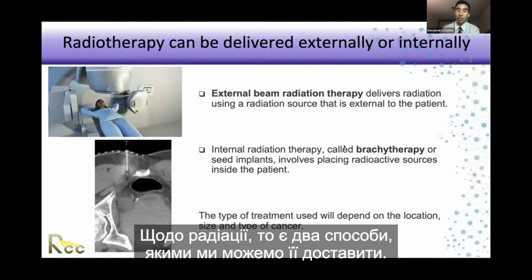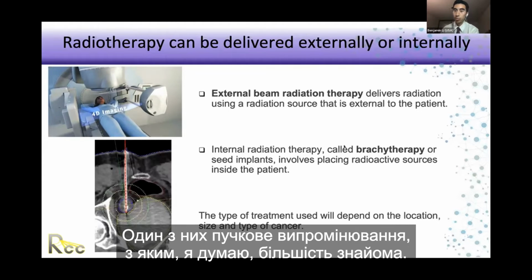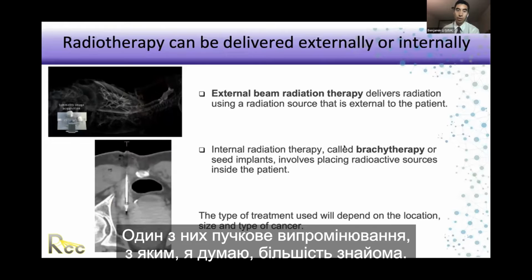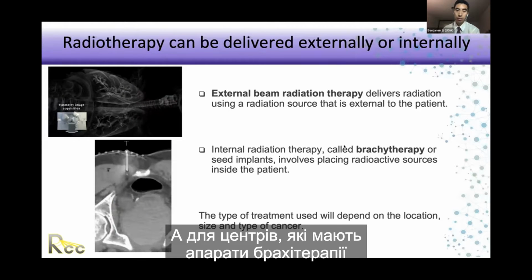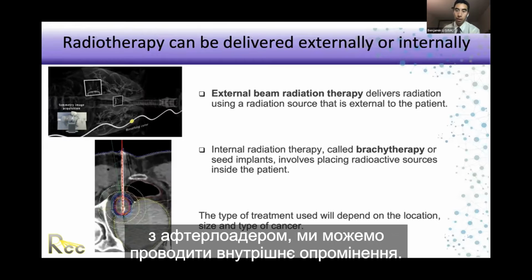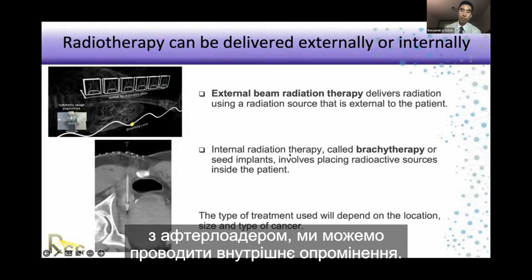For radiation, there are 2 ways that we can deliver it. One is external beam radiation, which I think most are familiar with. And for centers that have brachytherapy afterloader units, we can give internal radiation.